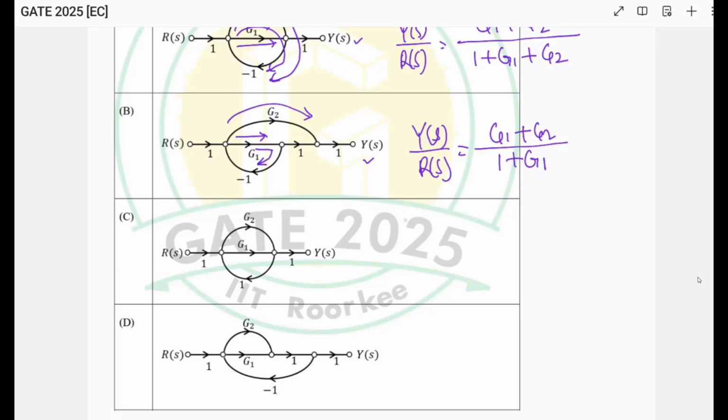Coming to option C, so Y(s) divided by R(s), this is the transfer function. There are 2 forward paths, through G2 and G1. So G1 plus G2 divided by, there is a positive feedback you can see, so 1 minus G1 minus G2.